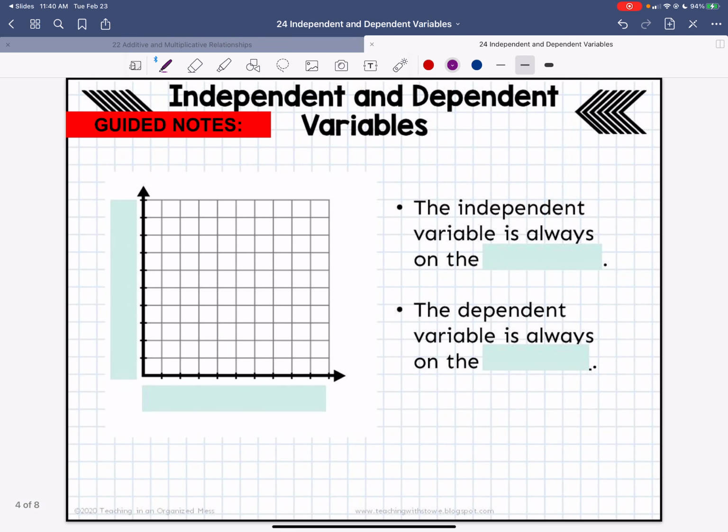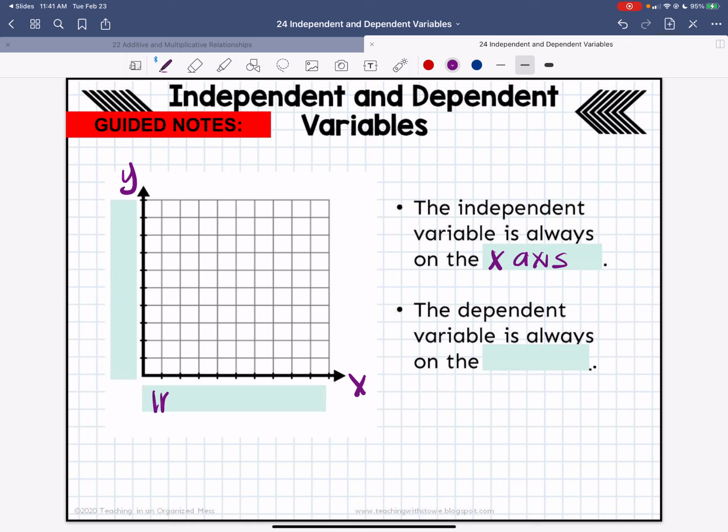Okay. Then if I'm looking at a table, it's always going to look like a graph. So you've got your X and you've got your Y. The independent variable is always on the X axis, always.